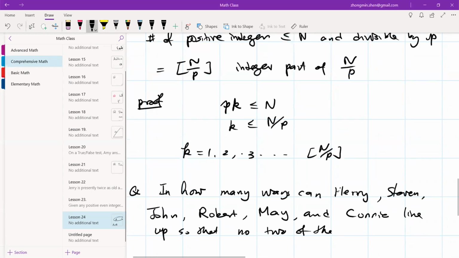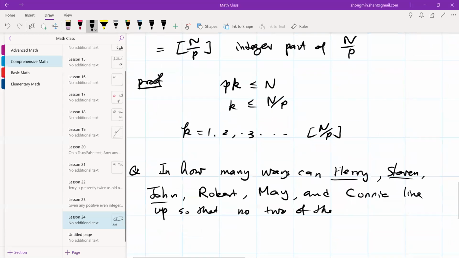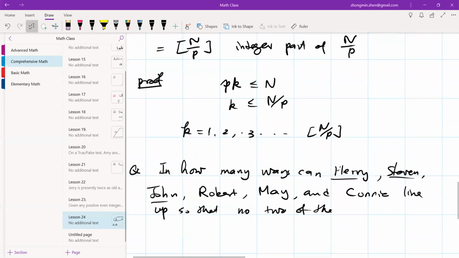Yeah, we have three boys, Harry, Stephen, John. Those are the boys. We have five. Okay, I'm going to change the name here.